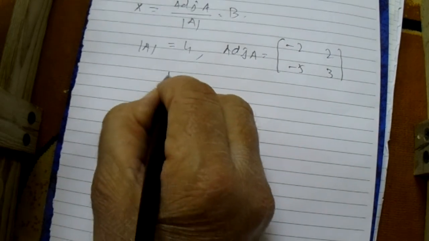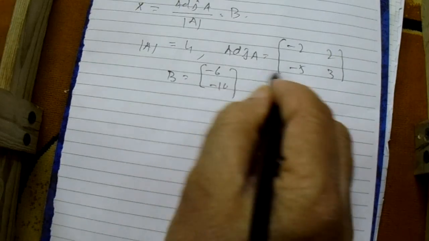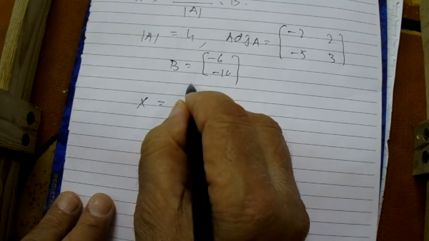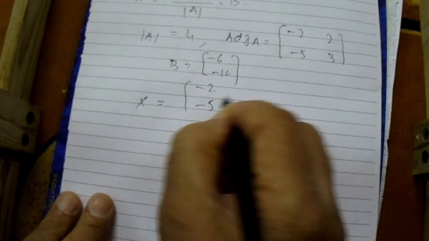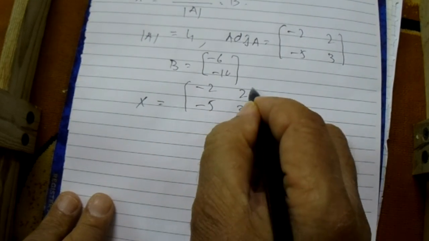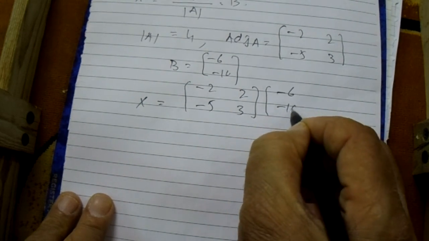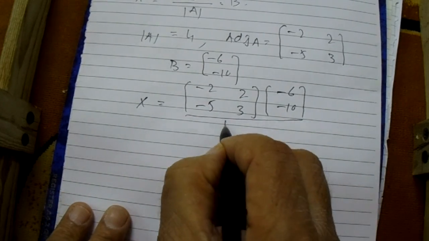B is equal to [-6; -10]. We put these values in this, we get the answer. X is equal to adjoint A, [-2, -5; 2, 3], and we write here the B matrix, B is [-6; -10], and here in the denominator we write 4.